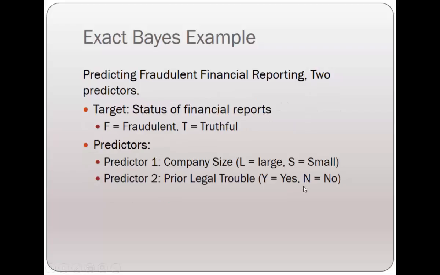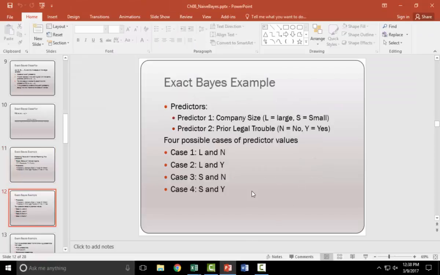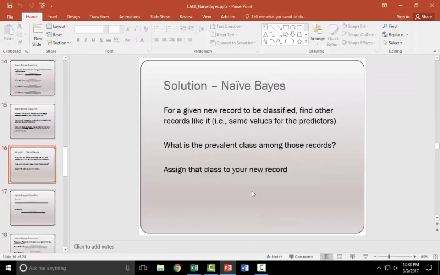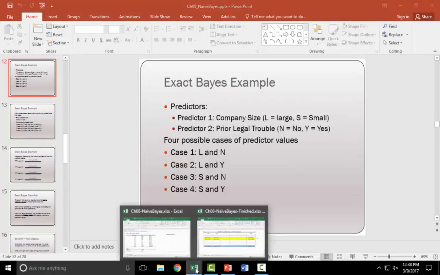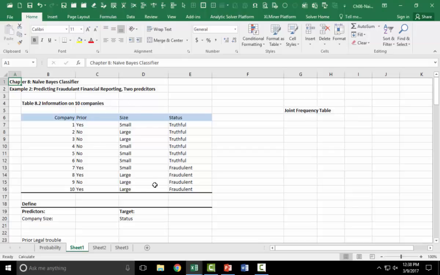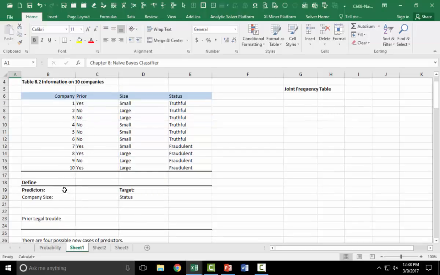Okay. So the data is here. There are 10 companies. We have two predictors, and the target is whether the financial report is fraudulent or not.